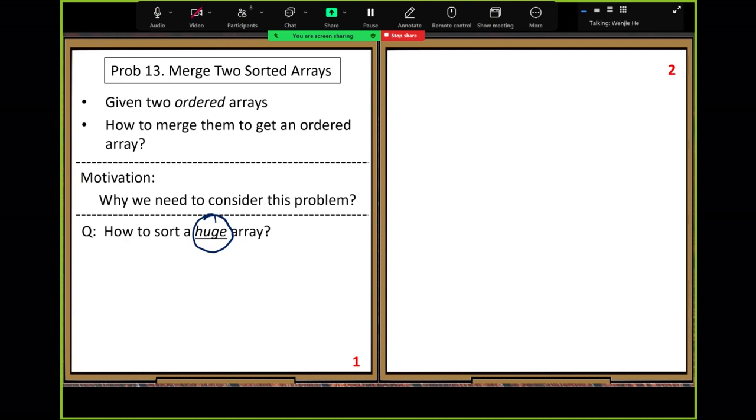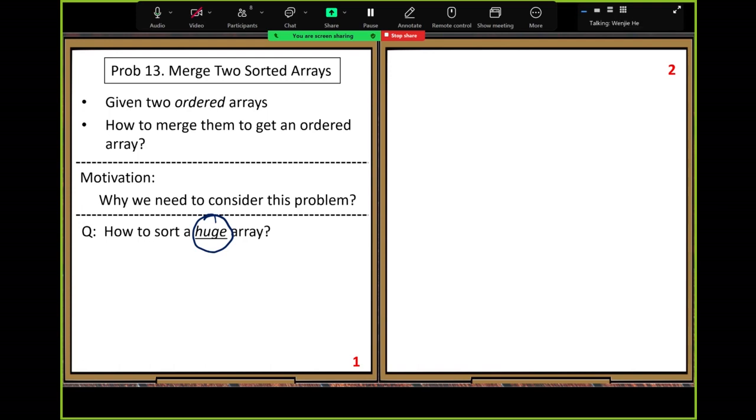Can we split our data into multiple subarrays, each one we can load into the main memory? No problem. If we do that, divide and conquer, split, load one subarray by one subarray. Every time we can sort one subarray.